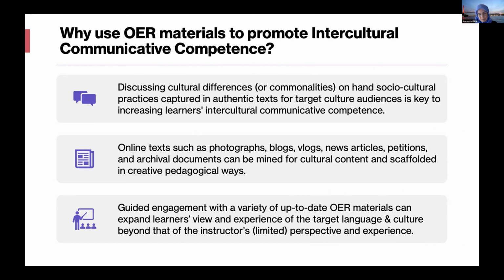You need more input. Online texts such as photographs, blogs, vlogs, news articles, archival documents, etc., can be mined for cultural content and scaffolded in creative pedagogical ways. And guided engagement with a variety of up-to-date OER materials can expand the learner's view and experience of the target language and culture far beyond that of the instructor's limited perspective and experience.